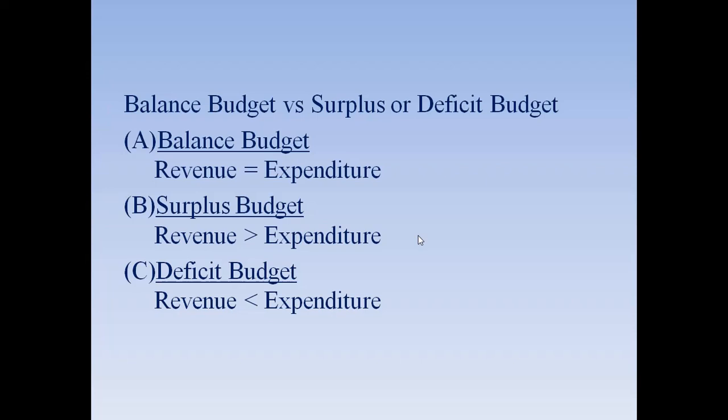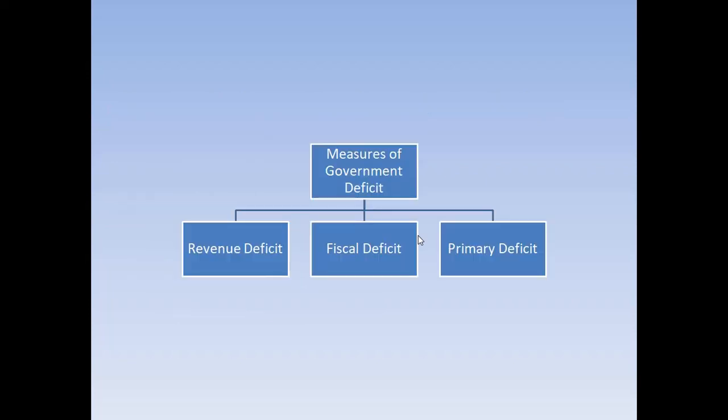Now by deficit budget, we mean that the revenue is less than the expenditure. In this case, expenditure will be more than the revenue of the government. So that is a balanced budget, surplus budget, and deficit budget. Now what are the measures of the government deficit?